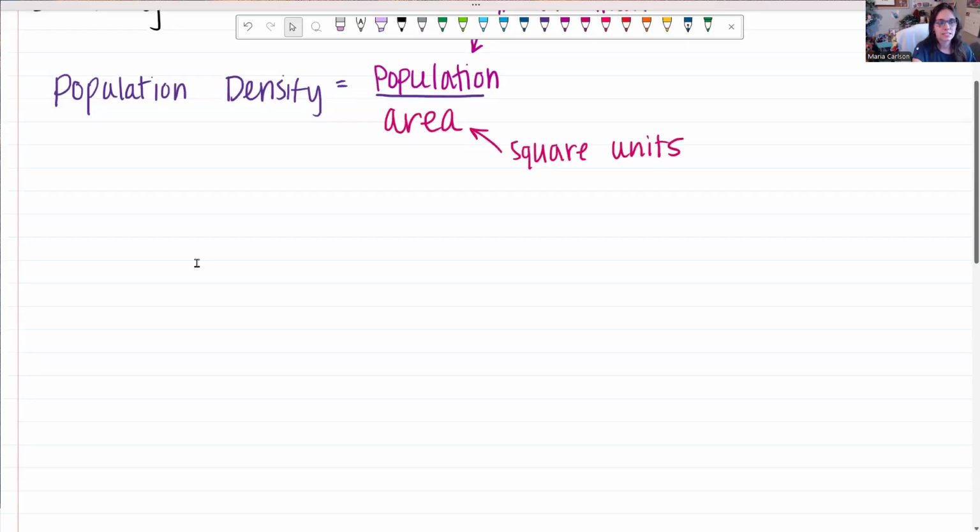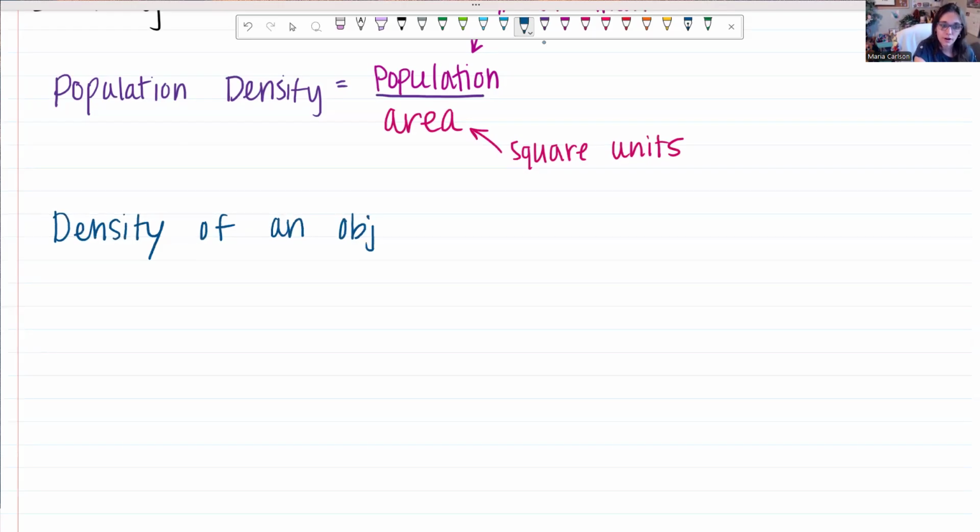Now, we can also talk about density of an object. And this is another rate. It is always the ratio of the mass to its volume.